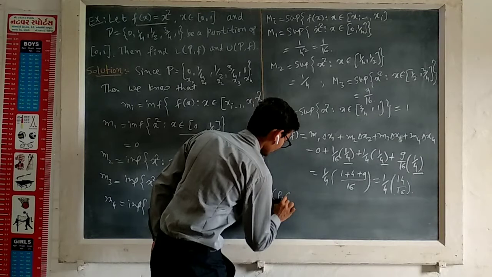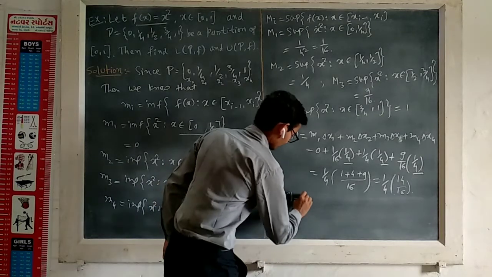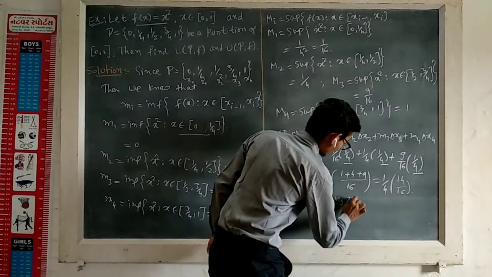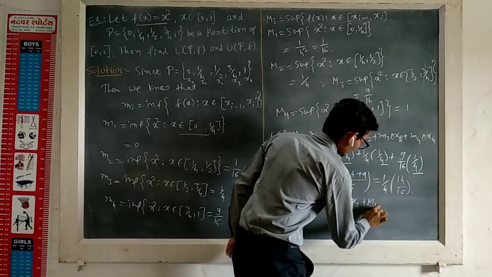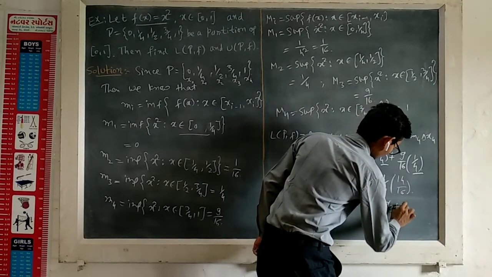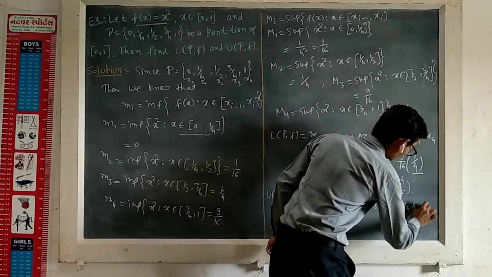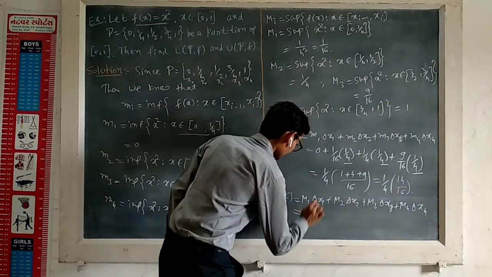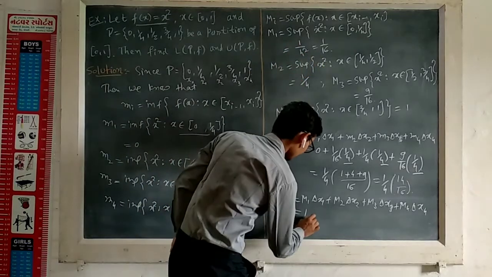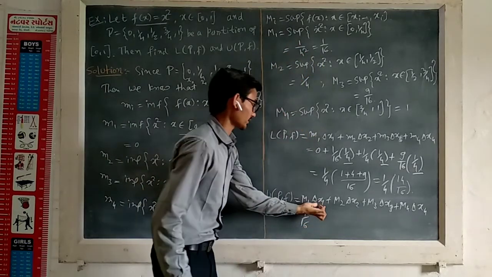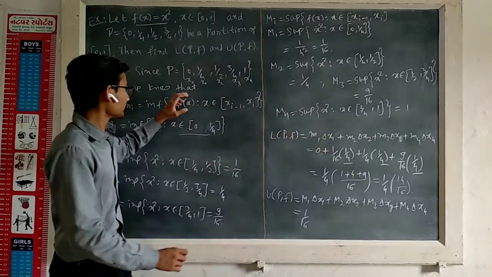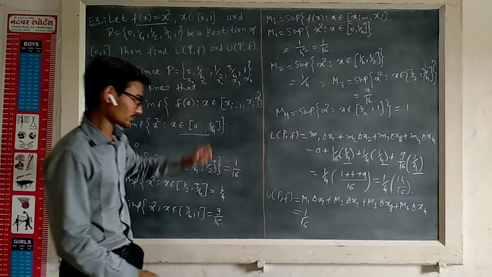Now similarly UPF is equal to capital M1 delta x1 plus capital M2 delta x2 plus capital M3 delta x3 plus capital M4 delta x4. What is the value of capital M1? It's 1 by 16. Delta x1 means x1 minus x0 is 1 by 4.